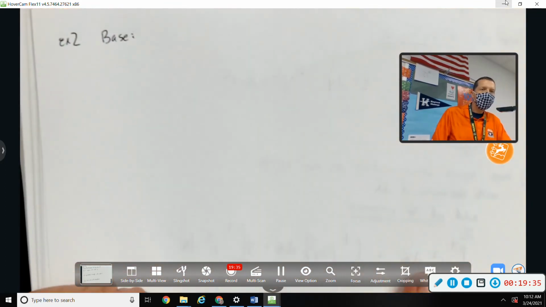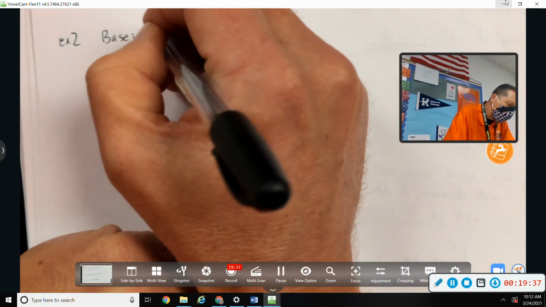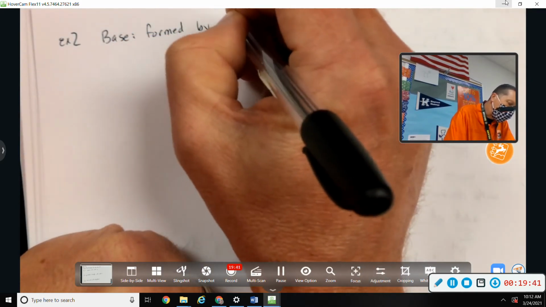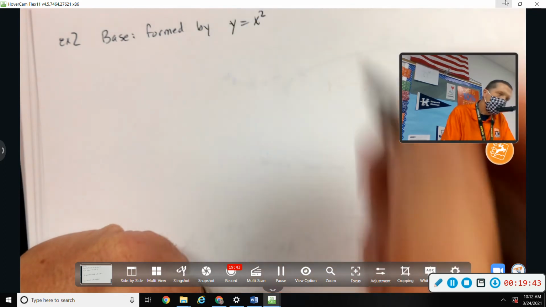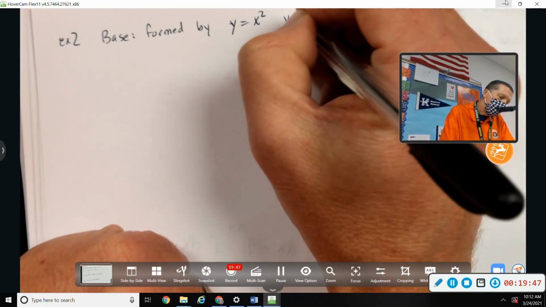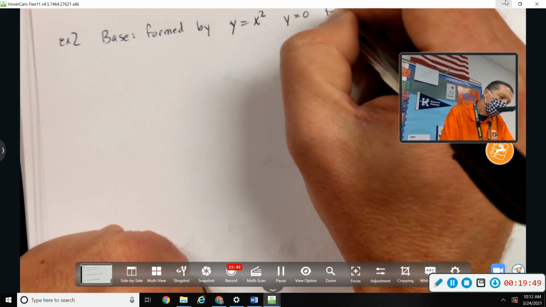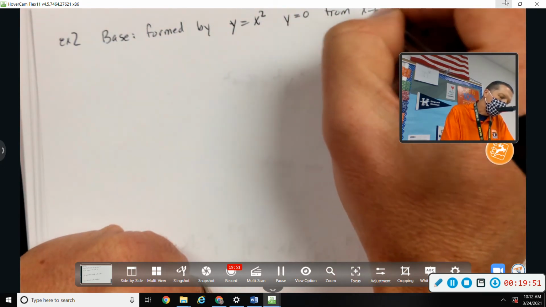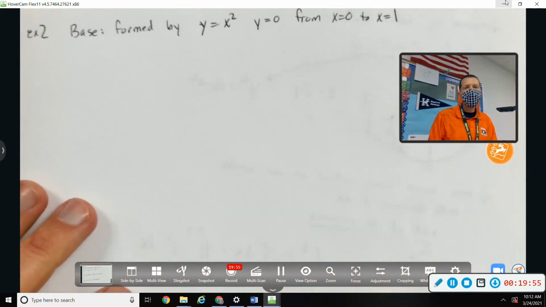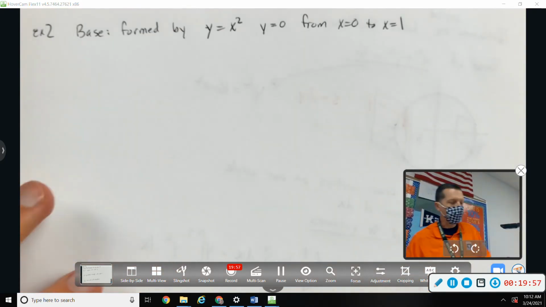Base, these are worded kind of weird, but it's formed by y equals x squared, y equals 0, from x equals 0 to x equals 1. We'll just keep it simple, or as simple as we can make it anyway.